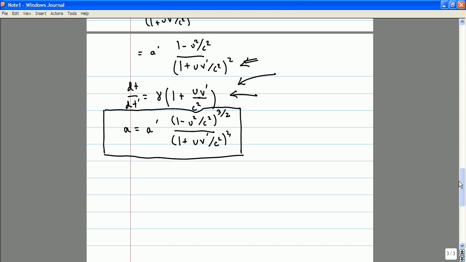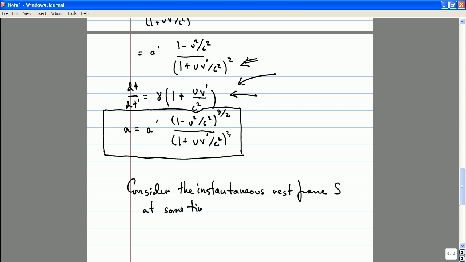But what we could do is take S to be the instantaneous rest frame at some time t. So let's fix some time t, and then choose the frame where the object has velocity 0 in frame S at that time t. What does that mean?